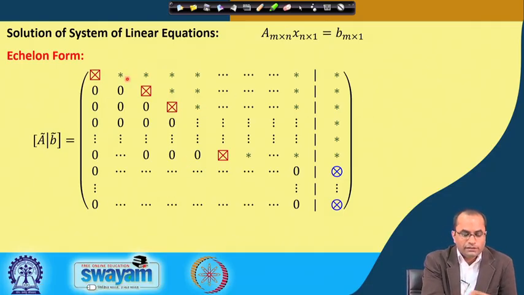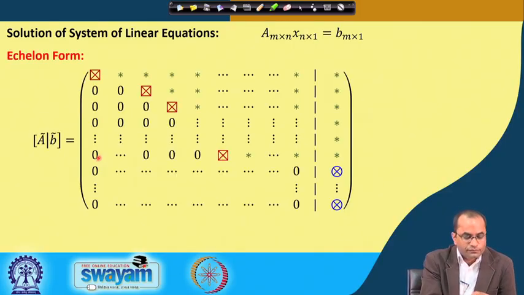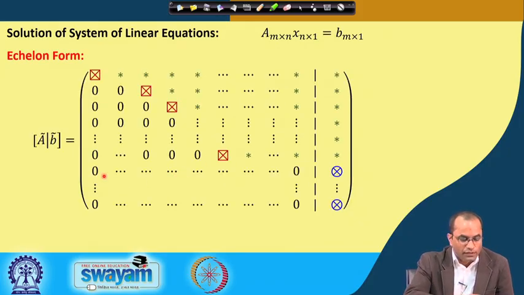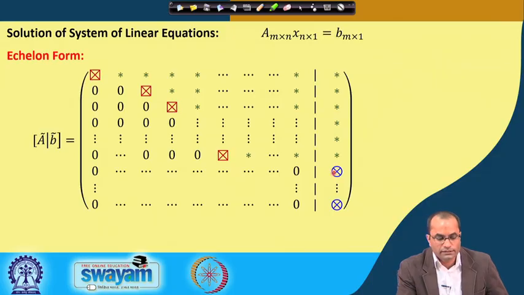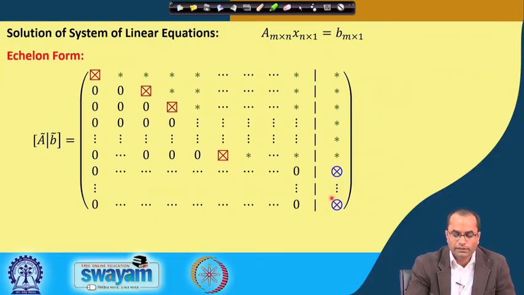We have the first few rows which are the non-zero rows, and the last few rows which we see are the zero rows. All these rows at the bottom are set to zeros. Here, on the right hand side, this symbol can be 0 or they may not be 0.